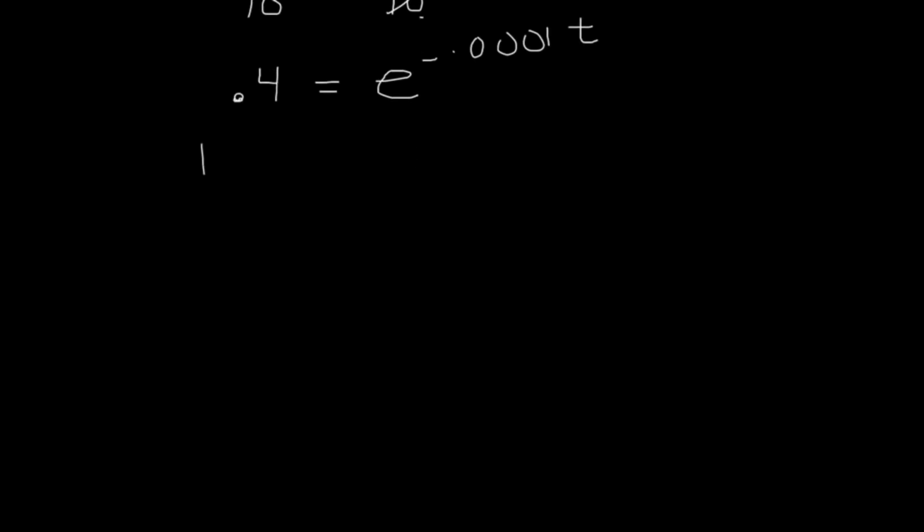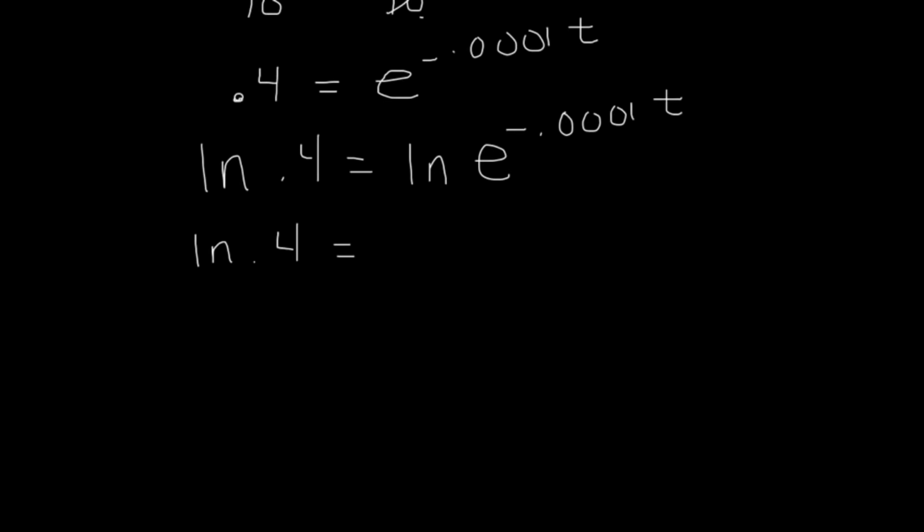So if I take the natural log of 0.4 and I take the natural log of E to the negative 0.0001 T, then I can use the log property that says this exponent right here can be pulled down and become a multiplier times the log E. So I do that because I'm trying to solve for T. So on the left hand side I just have natural log of 0.4.